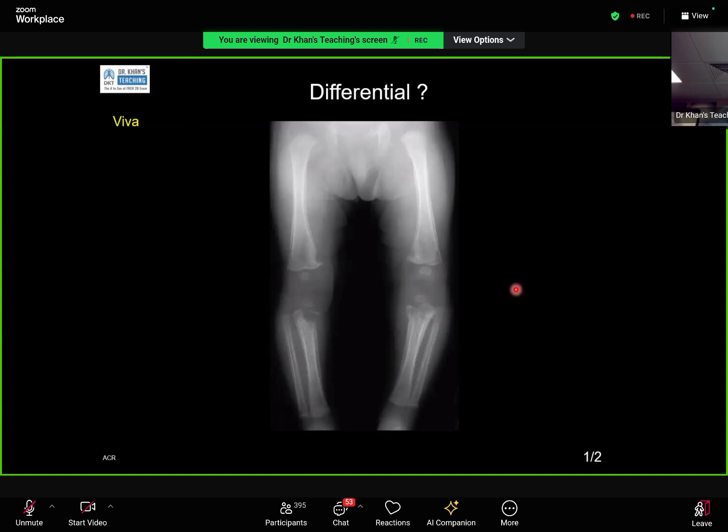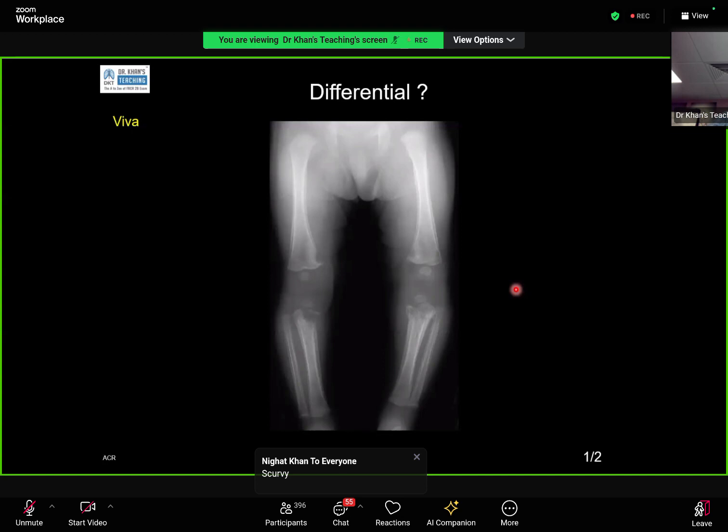Which infection? It could be septic arthritis because of these lytic lesions. However, I cannot see any appreciable joint effusion.